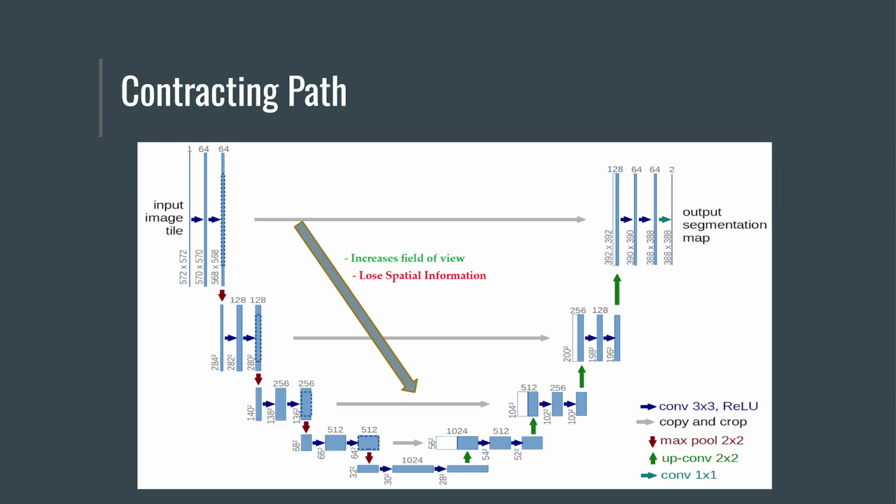Now we can talk about how this path works. This path at first takes the input image. Then it is passed through the convolutional layers, and these layers will highlight the areas representing the edges, the corners, and so on.